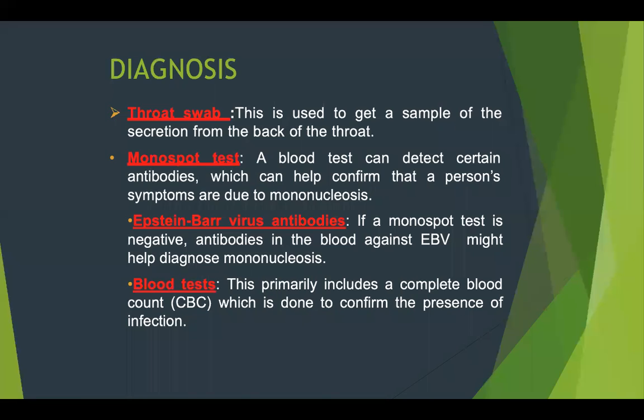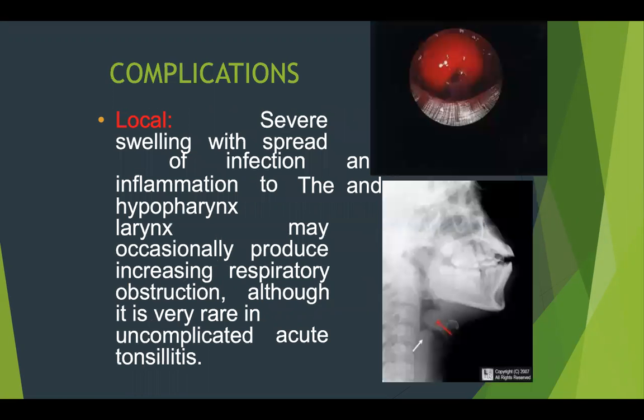If a monospot test is negative, antibodies in the blood against EBV might help diagnose mononucleosis. A blood test primarily includes a complete blood count, which is done to confirm the presence of any infection.